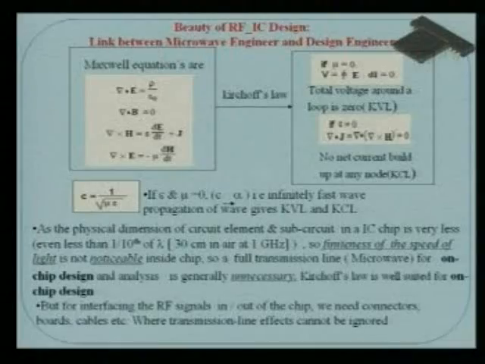Now there is an assumption that the lumped parameter model fails when the component size is 1/10 of that lambda, that means 3 millimeter. If the component size is 3 millimeter, then you can think of going to the distributed model or transmission line model, or you have to apply the electromagnetic solutions from Maxwell equations.